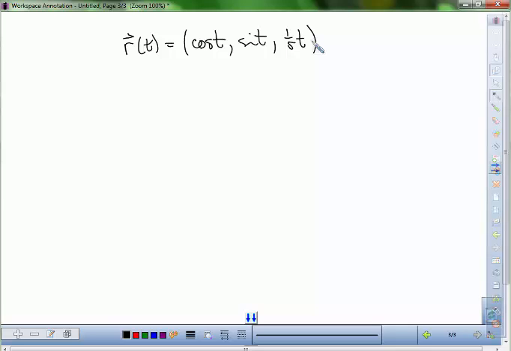Give me an angle between 0 and 2 pi. 2 pi over 3.